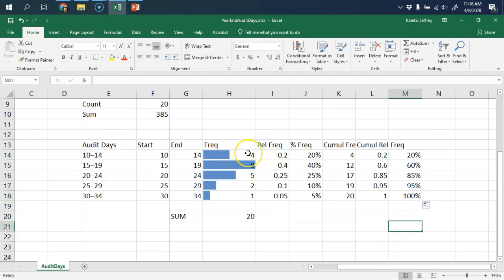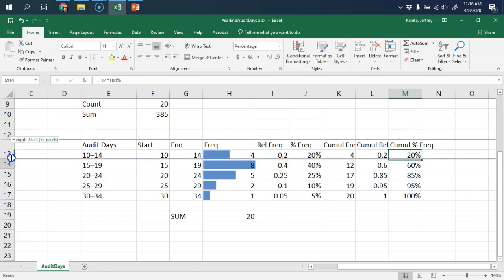So we have several concepts here. We have our frequency number, relative frequency, percent frequency. Then we have the cumulative frequency, cumulative relative frequency, and then the cumulative percent frequency. Okay, and this is cumulative percent frequency.